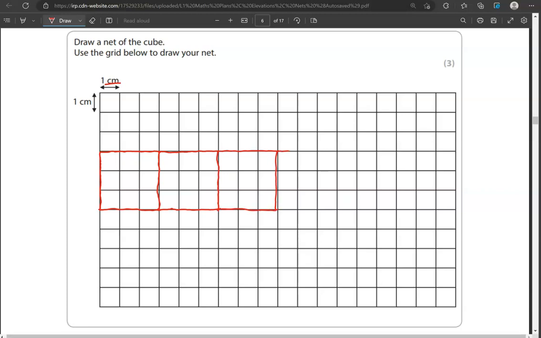You'd need to use a ruler when you do this on paper. So we've got 4 of them, and we're going to do the 2 flaps on the side. I could do them like this.